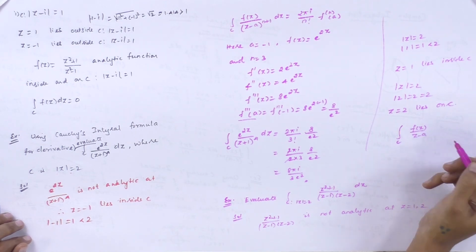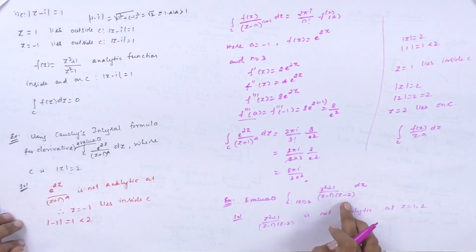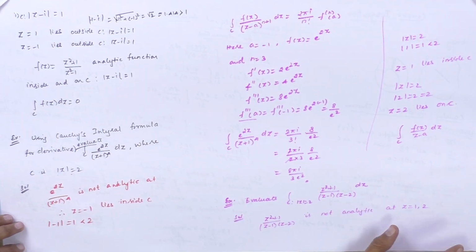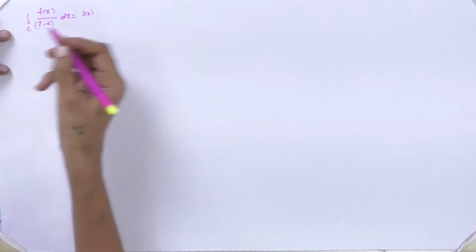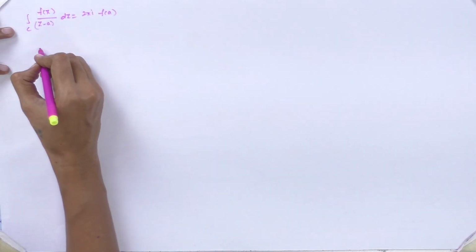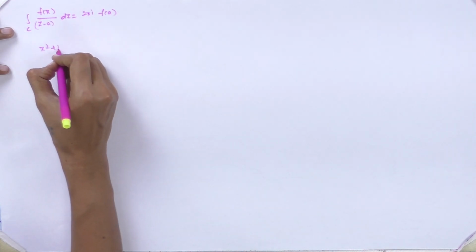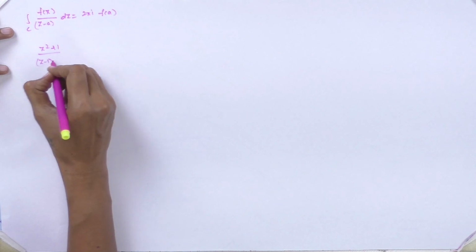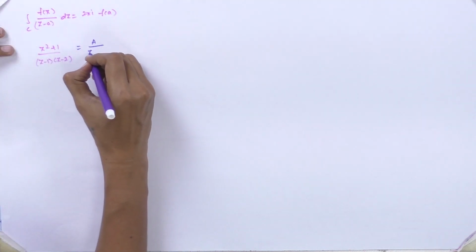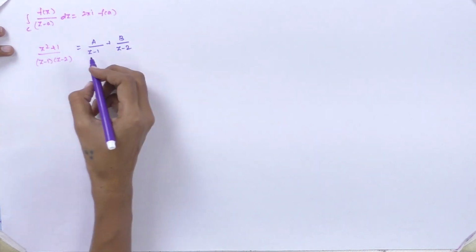So far we have seen a formula for the integration over C of f of z divided by (z minus a) into dz, but here we have 2 points, therefore we have to separate these 2 denominator parts by using the partial fraction method. The question, z square plus 1 divided by (z minus 1) into (z minus 2), equals a divided by (z minus 1) plus b divided by (z minus 2).